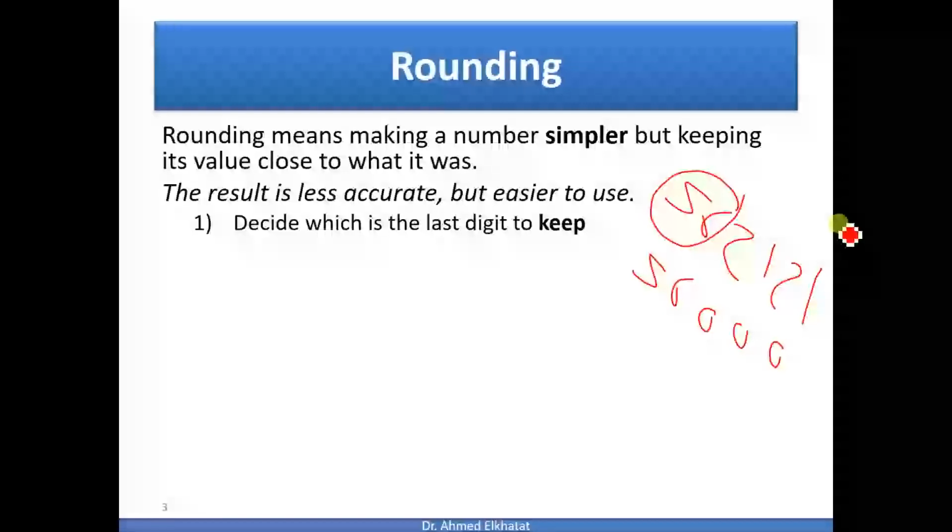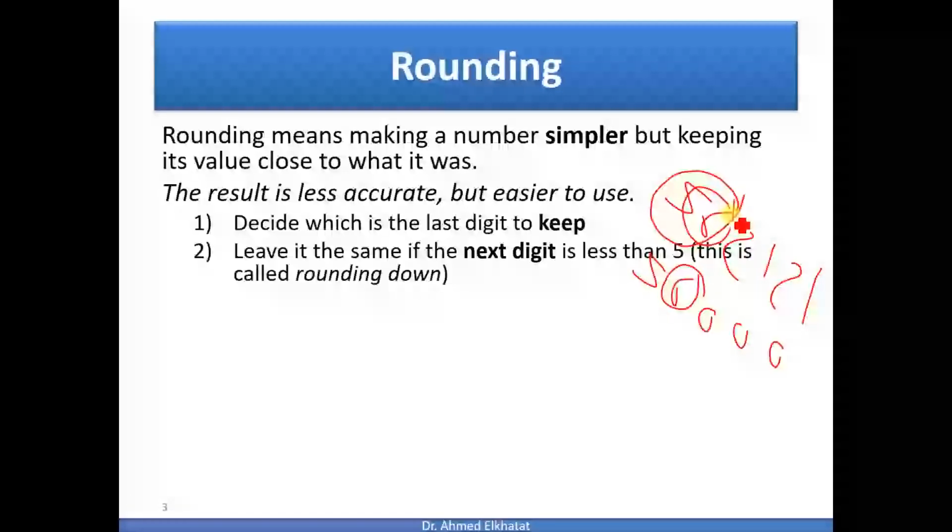So first, how to make rounding? You should decide which is the last digit you want to keep. For example, you want to keep this number. Then look at the next digit. If the next digit is less than 5, you will keep it as 0. This is called rounding down.